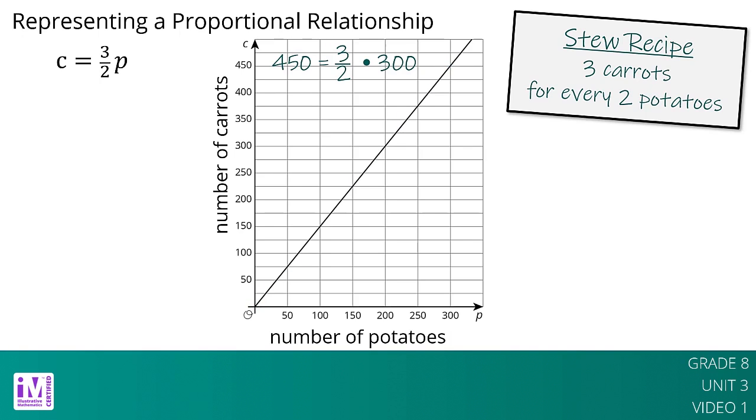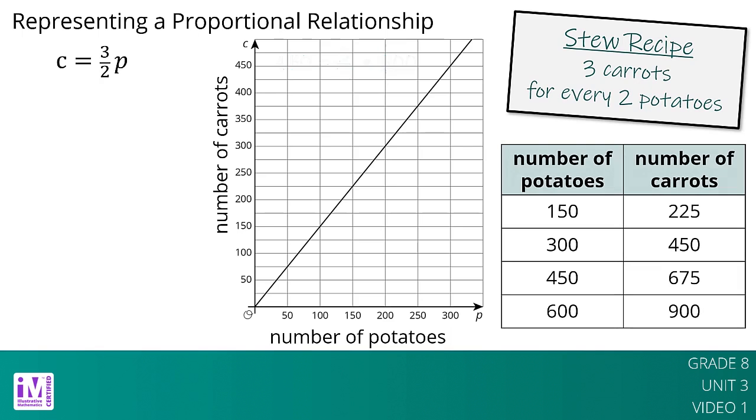Or, if the recipe is used in a food factory that produces very large quantities and the potatoes come in bags of 150, we might just make a table of values showing the number of carrots needed for different multiples of 150. No matter the representation or the scale used, the constant of proportionality, 3/2, is evident in each.